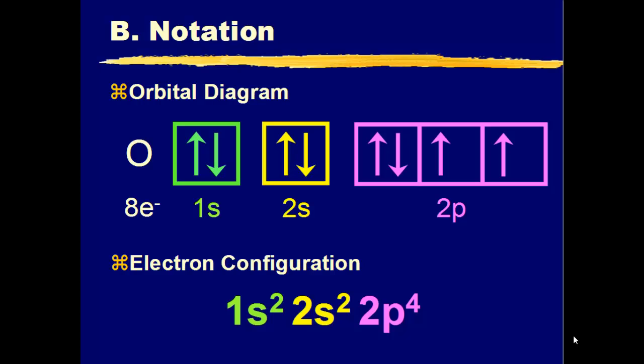You represent the 2p with three dashes, or 3 boxes like here on the screen, and you put the electrons in the boxes one at a time. So the first electron in the 2p is the one on the left that is right side up. The second one is in the middle box, right side up. The third one's on the right hand side, right side up. And the last electron for oxygen goes in the first 2p box, upside down.